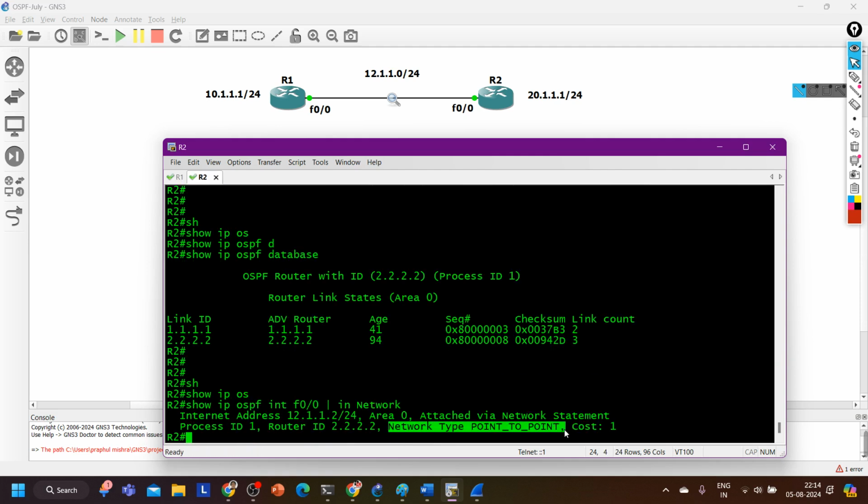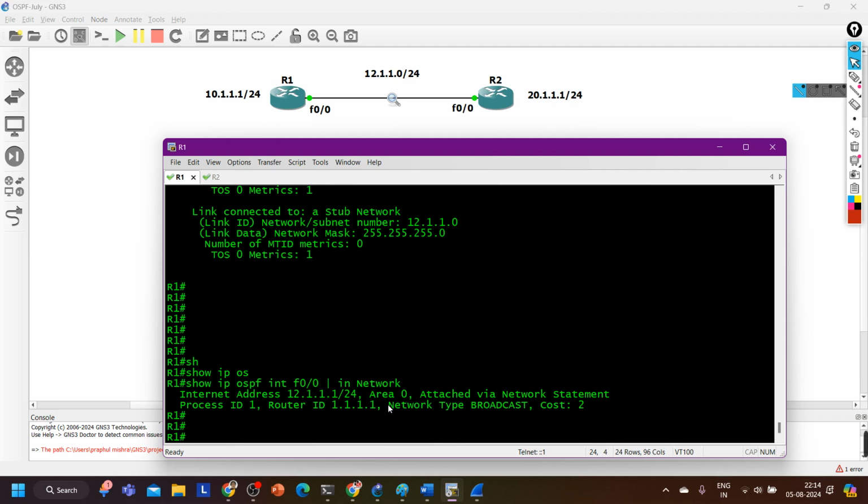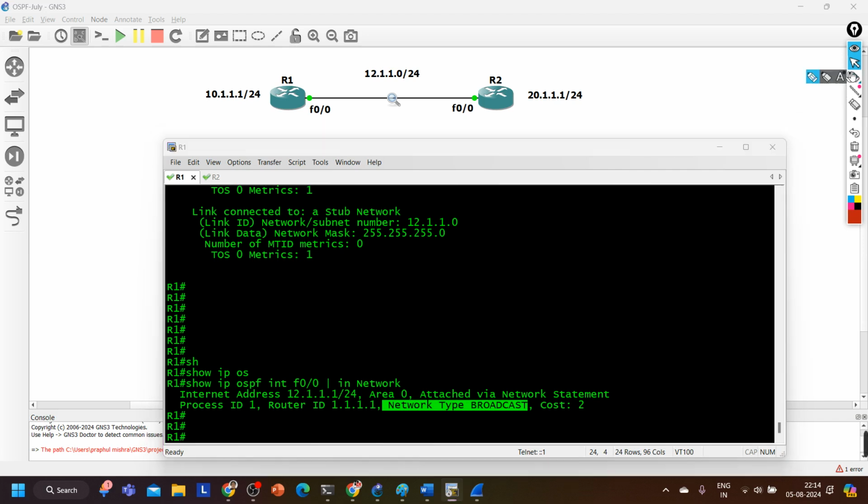Network type over here is point to point, and network type on router number 1 is broadcast, right? Here network type is broadcast, here network type is P2P, right? So this is the reason.